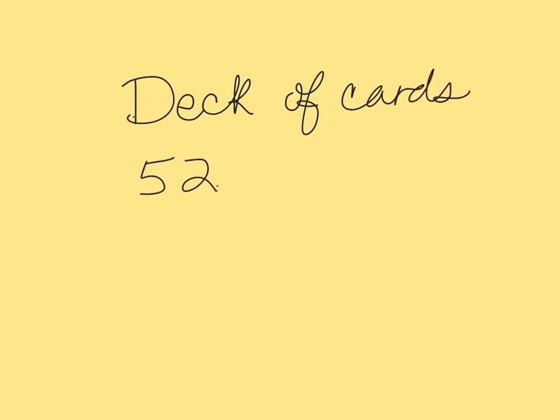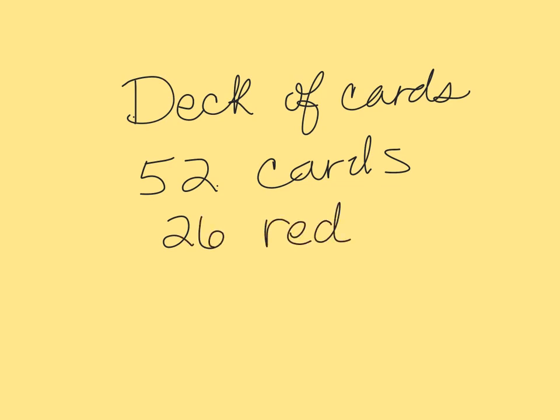And out of the 52 cards, half of them, so 26 cards, are going to be red, and 26 cards are going to be black. Then you have clubs, diamonds, hearts, and spades, and 13 of each of those. So you can look at the chart again that I've added to your worksheet so that can help you.